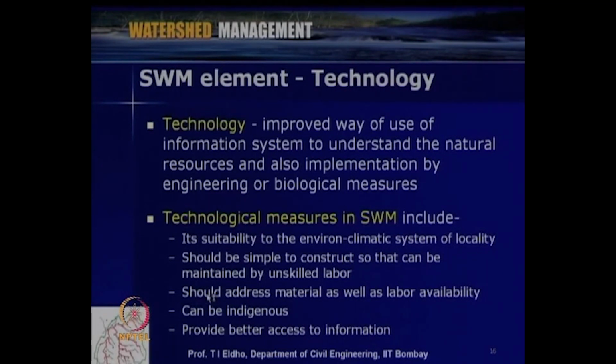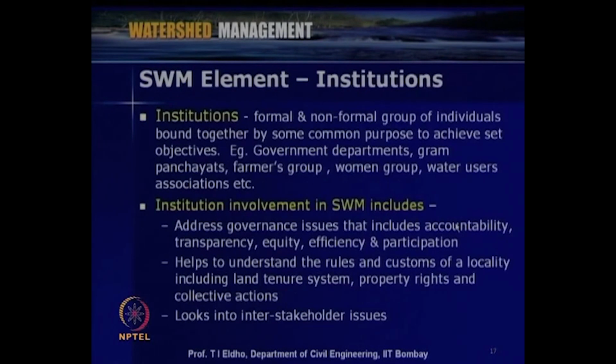Then the technological measures should address material as well as labor availability. So, whether we can utilize locally available material or locally available labor, whether the technological measures can be indigenous, and whether we can provide better access to information to the people or the stakeholders. So, these are some of the issues as far as technology is concerned.